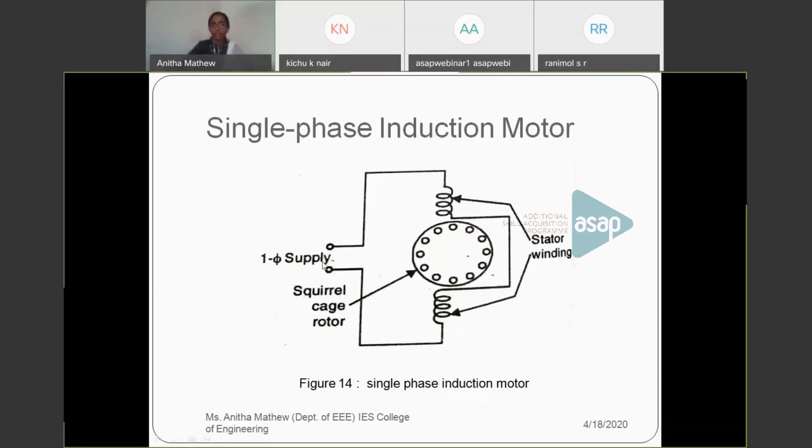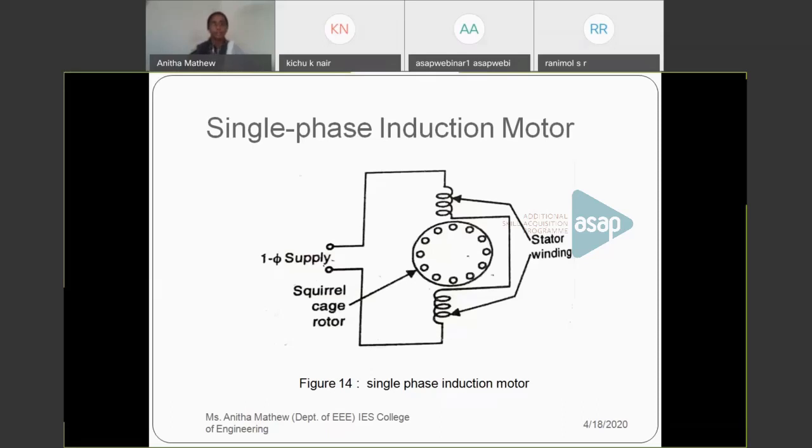When we are giving single-phase supply to the stator, okay, as in the three-phase induction motor, the difference is that in three phase induction motor, a rotating magnetic field is developed. This rotating magnetic field cuts the rotor and EMF is induced.